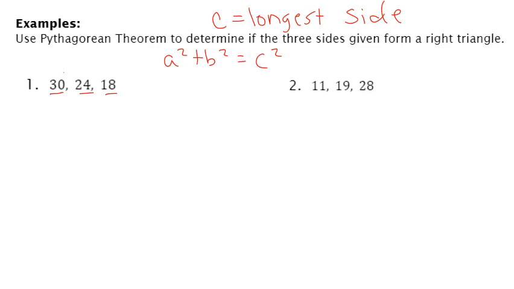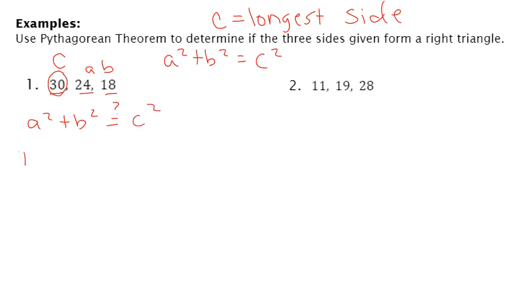In order to test that, we're going to take our longest side, which happens to be 30. That's going to be our C value. I'm going to let the other two be A and B, or B and A, it doesn't matter. We're going to substitute these into the Pythagorean theorem and test to see if a squared plus b squared equals c squared.